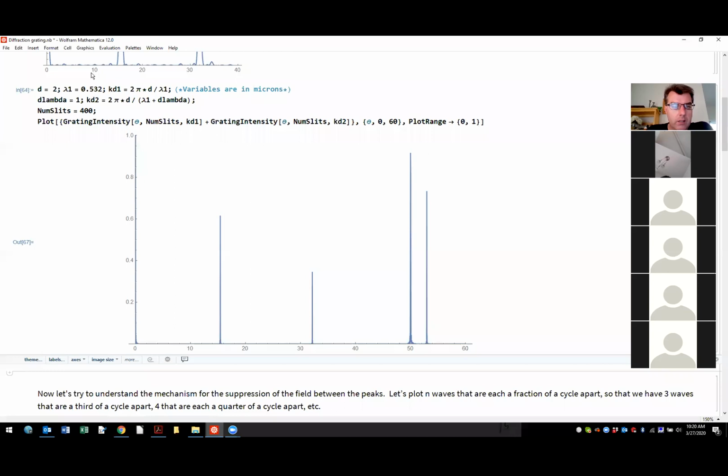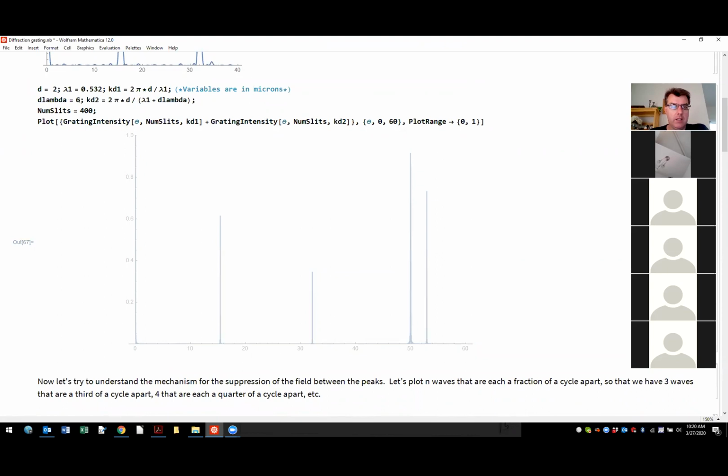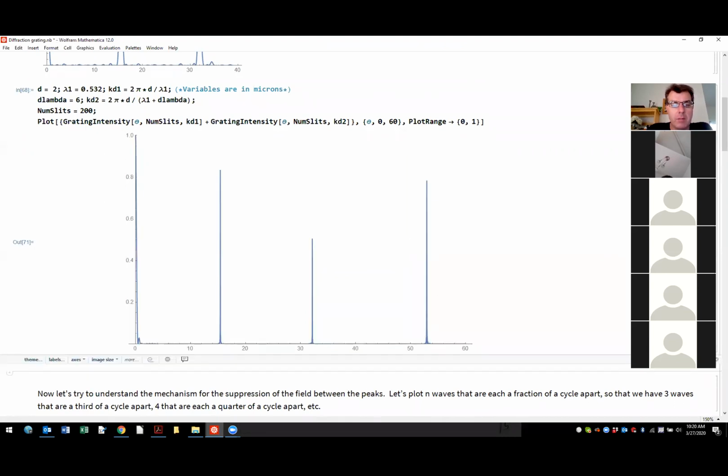All right, and you can't even see that there are actually 2 wavelengths there. So let's make d lambda 6 nanometers, and to make it run faster, make the number of slits 200. Sorry, 200 slits, my bad.